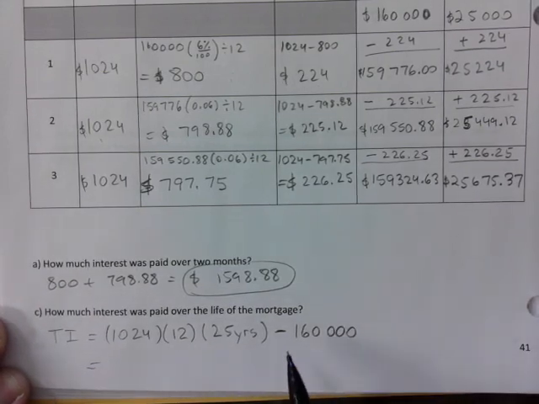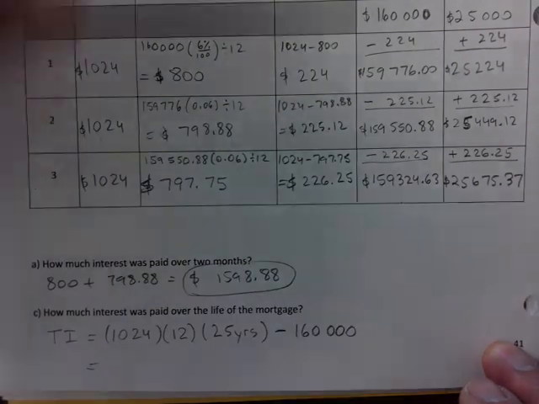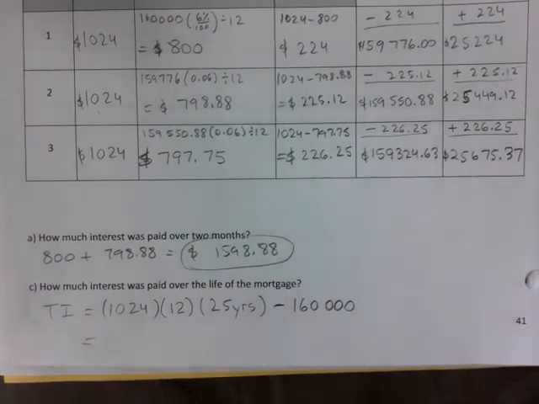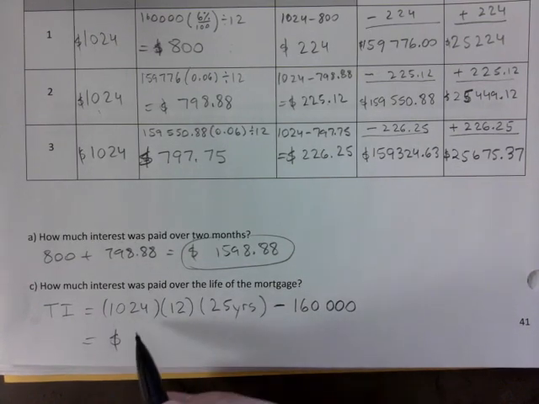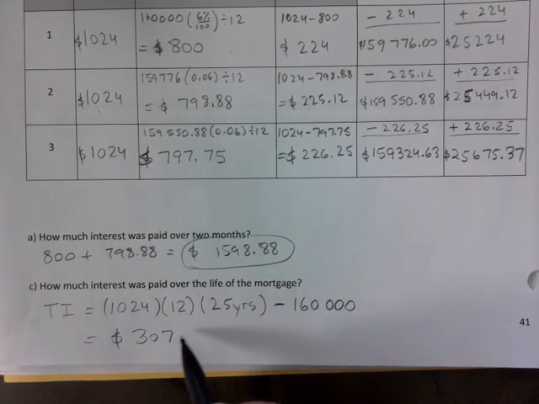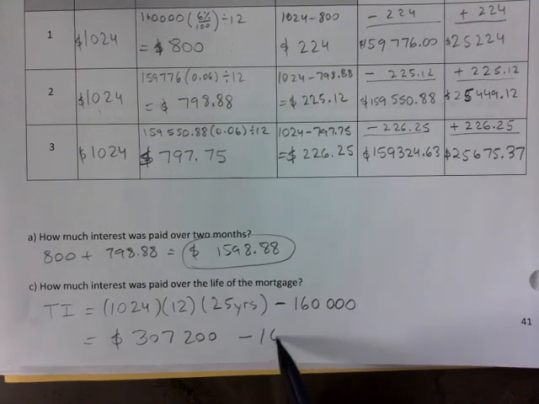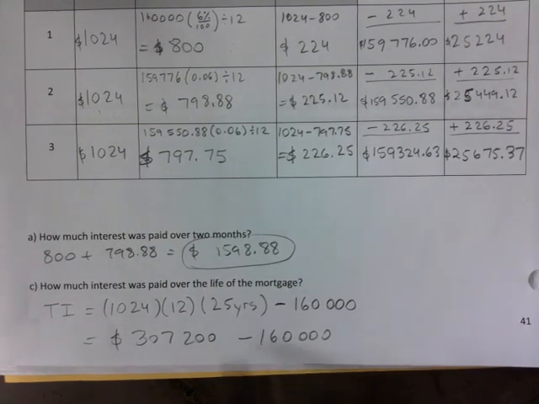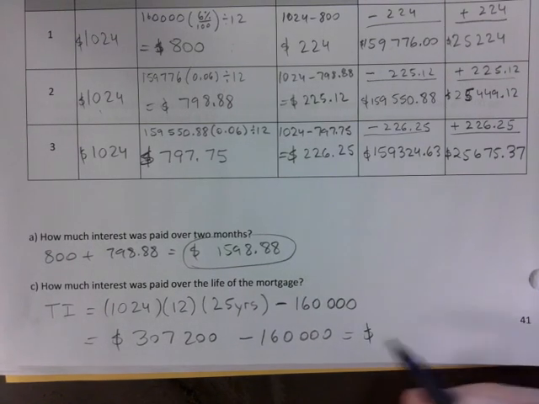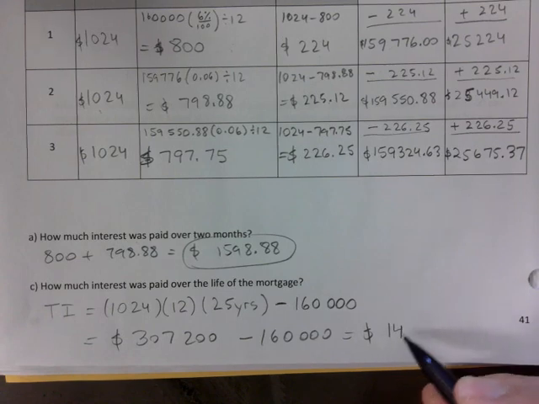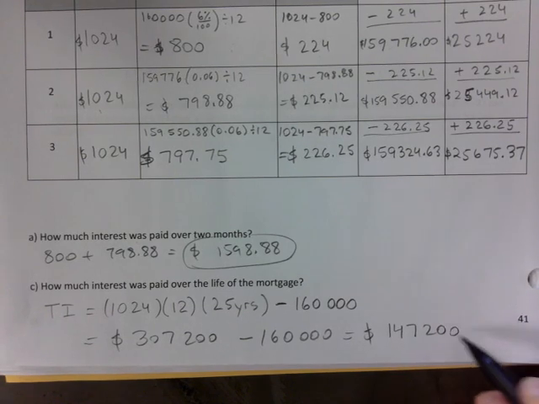So you're saying, I borrowed 160, I paid you back this much over 25 years, right? So 307,200 minus 160. So over 25 years, you paid back 307,000. So that gives you 147,200.